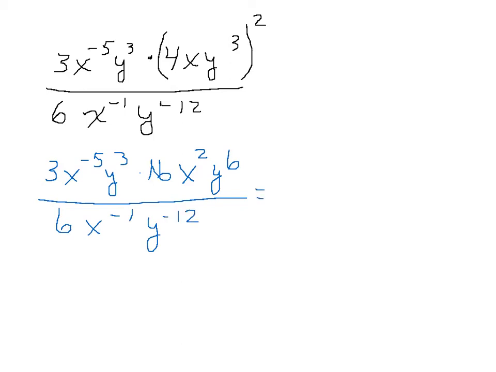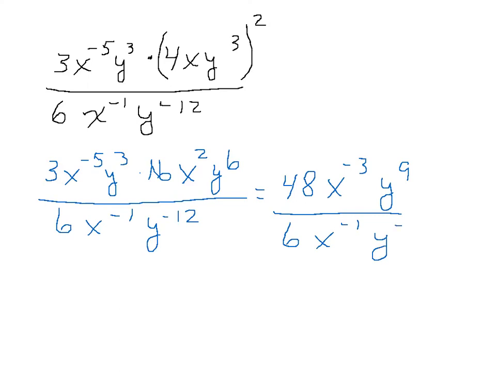So when I multiply on the top, 48x to the minus 3, y to the 9, over 6x to the minus 1, y to the minus 12.